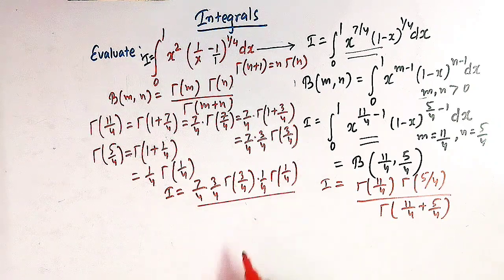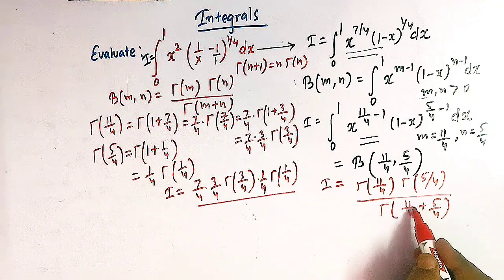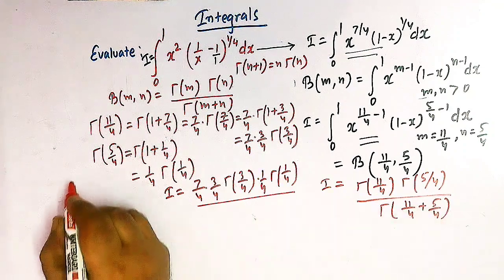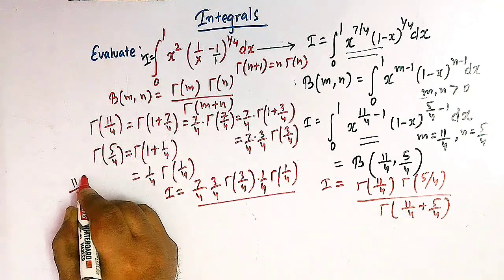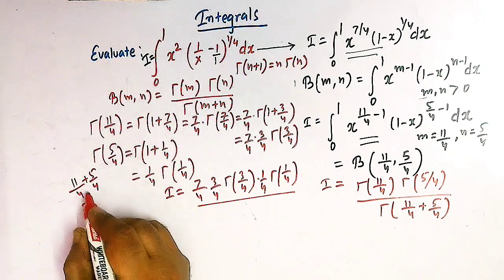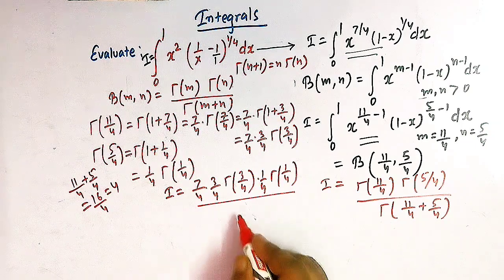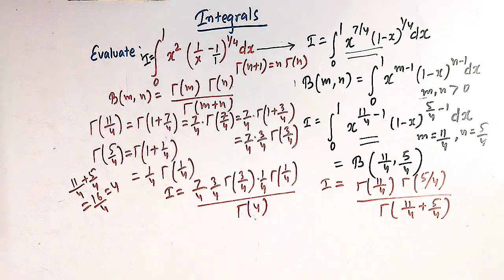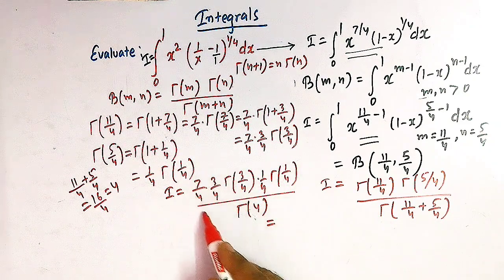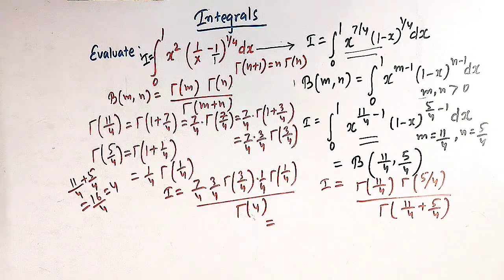And in the denominator, we have gamma of 11 by 4 plus 5 by 4. So 11 by 4 plus 5 by 4 is 16 over 4, that is 4, right? So here we have gamma of 4.